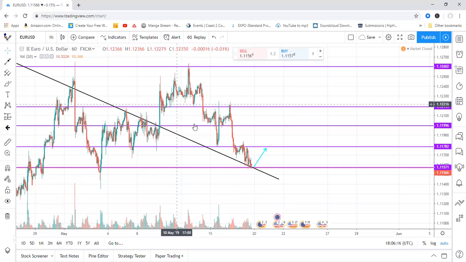Old support becomes newfound resistance, and then being resisted, it goes back down, and it becomes newfound resistance all over again. So what we have to look for is just that same exact pattern, which is pretty much all we have to do. That's the simplest way I can explain it. We're just waiting to see price do the exact same thing that it did before. That's all you have to look for.